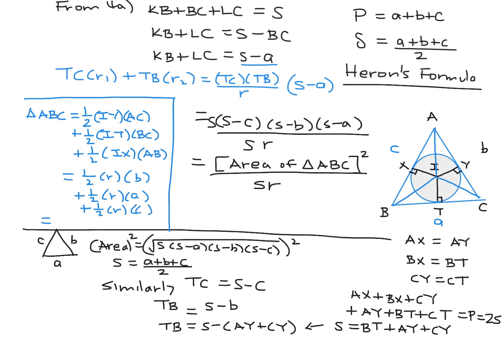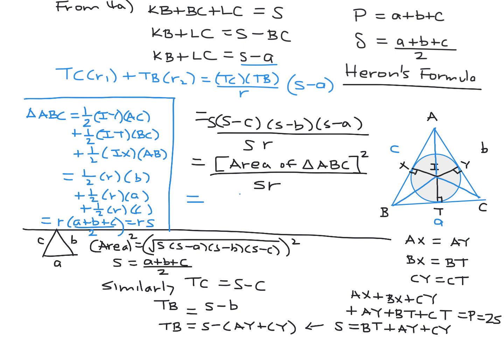And then if you factor out a 1/2, and factor out the R, you get left with A plus B plus C all over 2. That means A plus B plus C over 2 is the semi-perimeter, which is S. So there you go, RS. That means we showed that RS is actually equal to the area of the triangle.